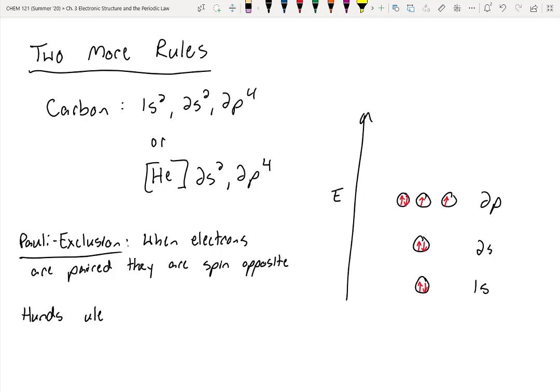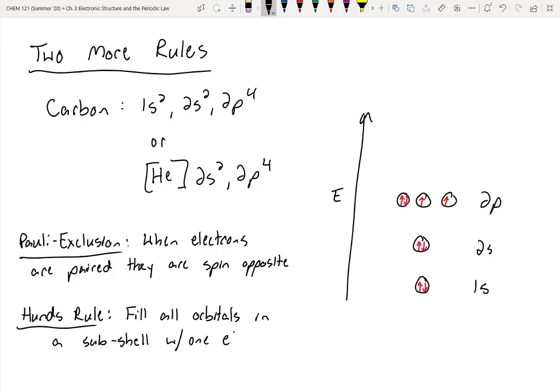And Hund's rule essentially says that fill all orbitals in a subshell with 1 electron before pairing.